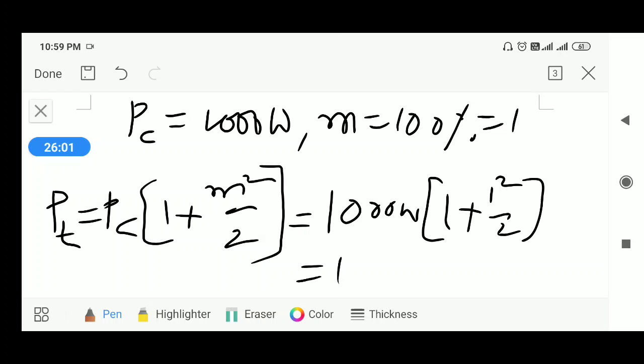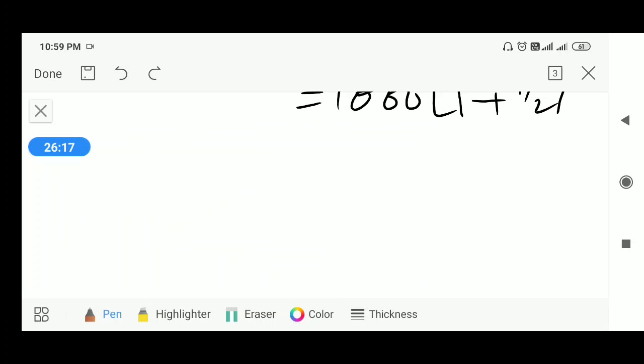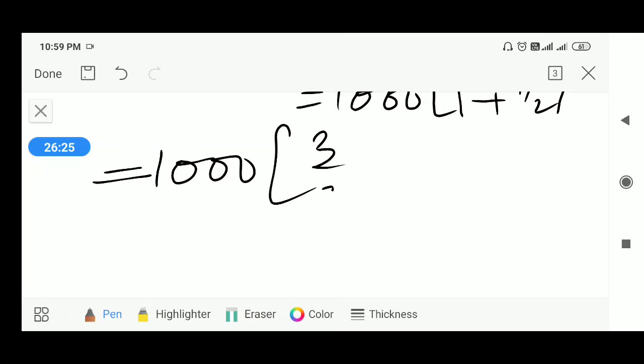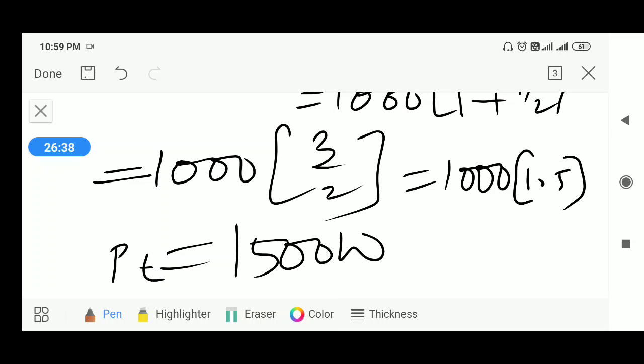You will get 1000 into 1 plus 1 by 2, that gives 3 by 2, that is 1000 into 1.5. 1500 watts is the total power.